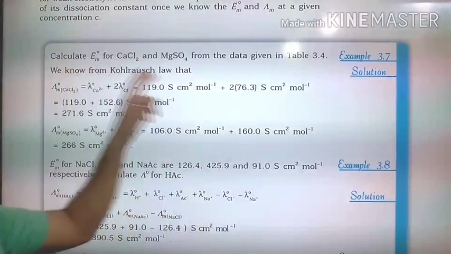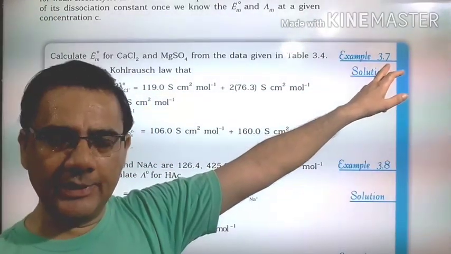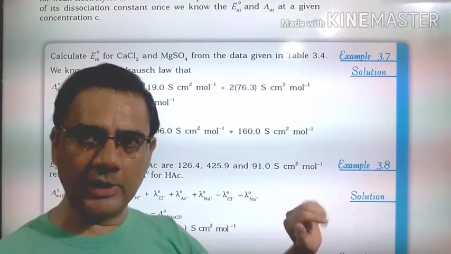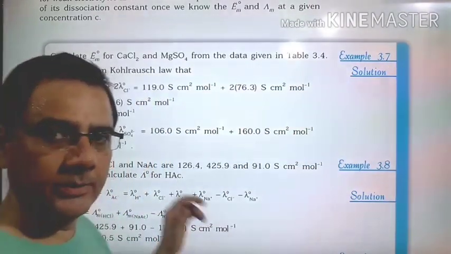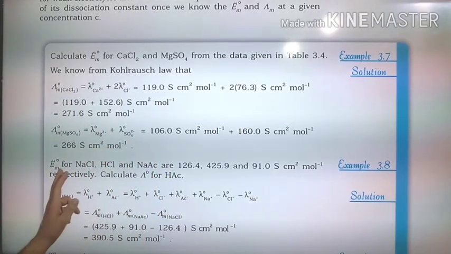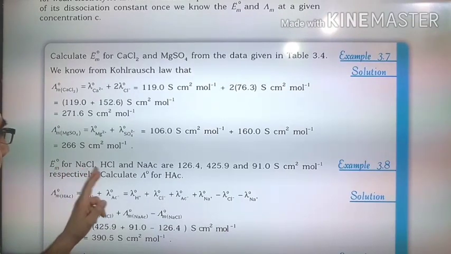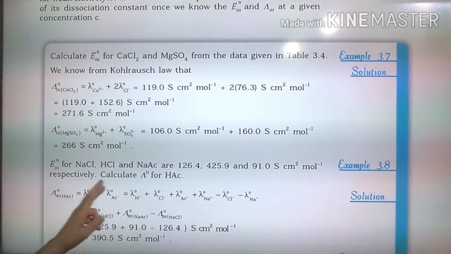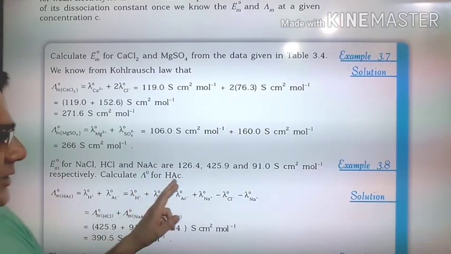देखिए, this was question number 7 that I have explained to you, that is for strong electrolyte. And another question, that is for weak electrolyte: how to calculate the limiting molar conductivity of a solution containing weak electrolyte. So see, the limiting molar conductivities of three compounds, NaCl, HCl and NaAc, are given, and respectively calculate the limiting molar conductivity for HAc.